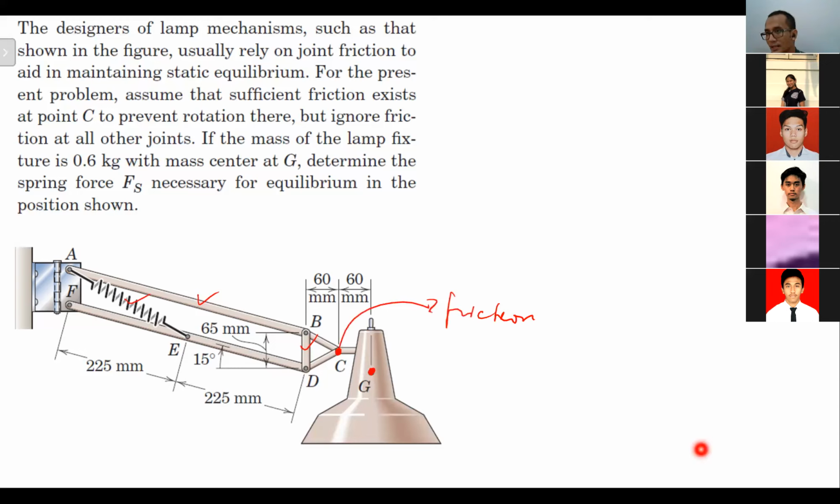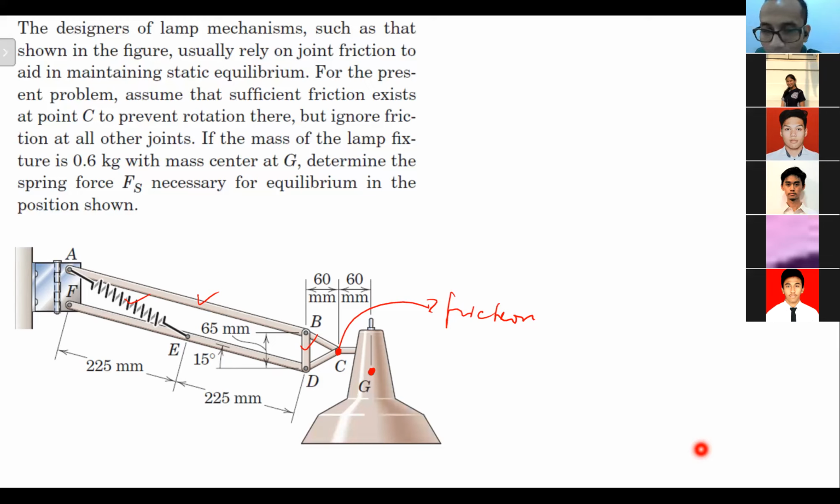When moment appears there, the member joined at that particular joint will not be a two force member anymore. Because one of the definitions of a two force member is that it must be joined with frictionless joints, since a two force member will not allow moment to be given at either end. So BC and CD are not two force members.